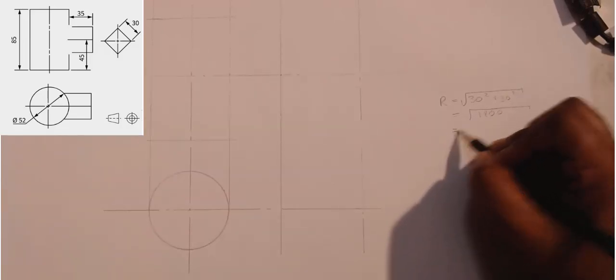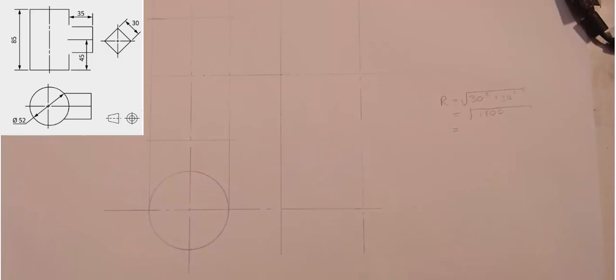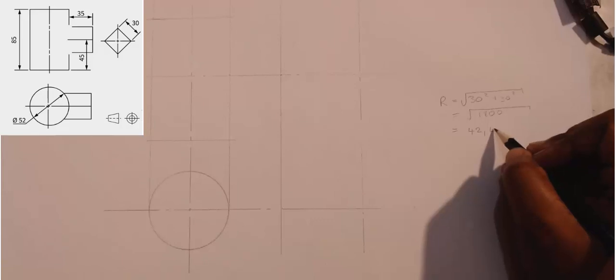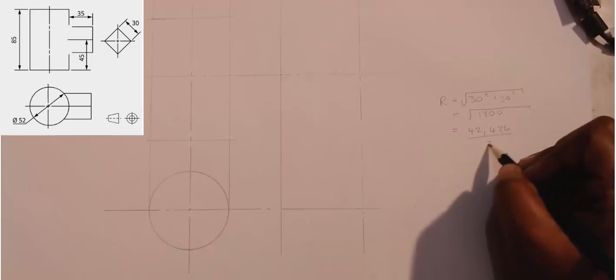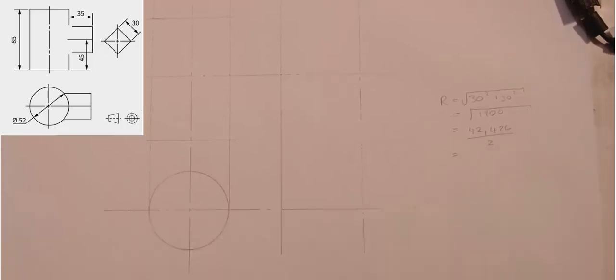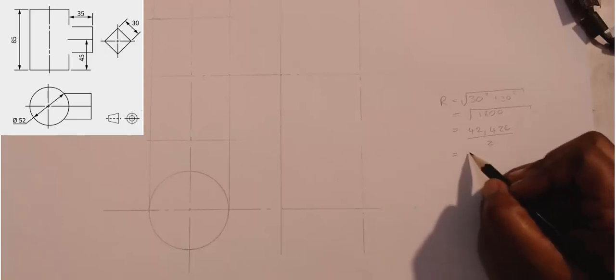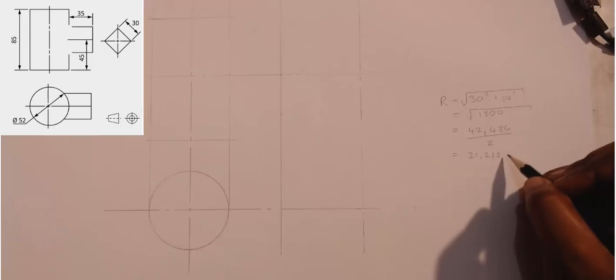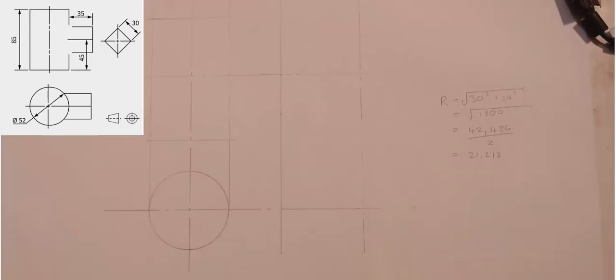Then we square root it. Then we have 42.426. That we divide by 2. And then we get 21.213 millimeters. Okay. So we'll just round it off there. Just round it off. And let's measure radius of 21.